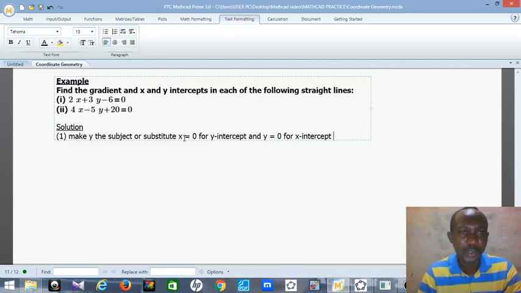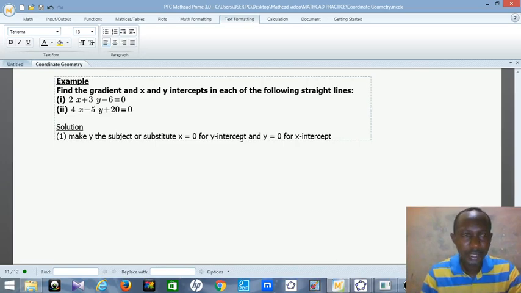So take note of this: substitute x equal to 0 for the y-intercept and y equal to 0 for the x-intercept. I told you in our last class that at the x-intercept, y is equal to 0, then you solve for x. Take note of that. So let's solve this question, and that is the end of today's class.